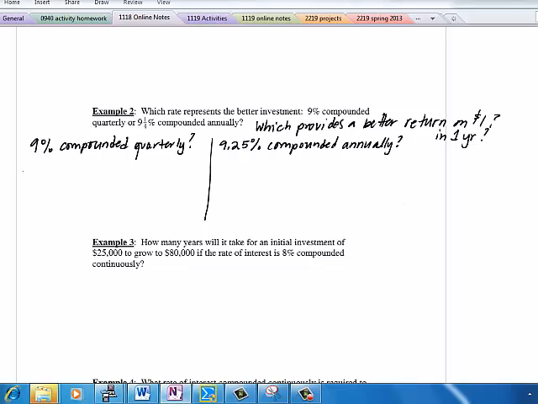So we'll use A equals P times 1 plus R divided by N, to the NT. In this one we'll use P equals 1, R equals 0.09, N equals 4, since quarterly would be 4 times a year, and T equals 1, and we'll see what the balance is.